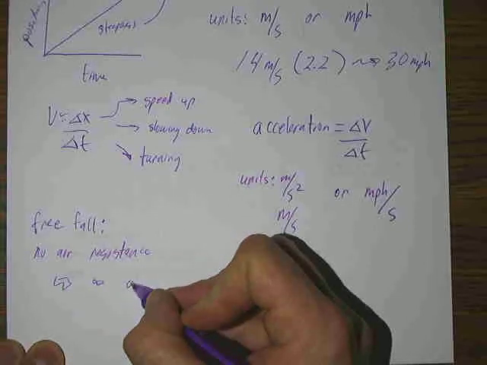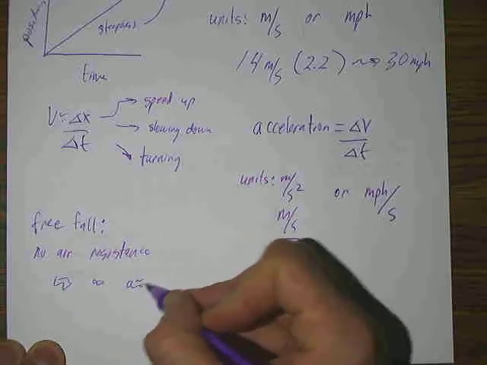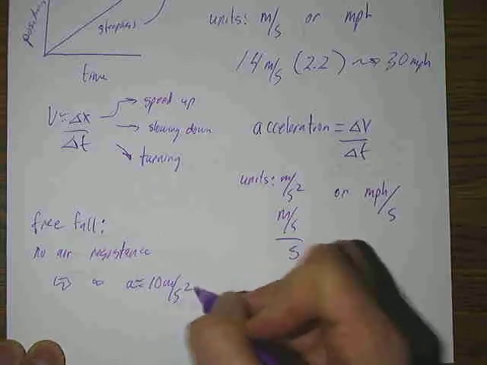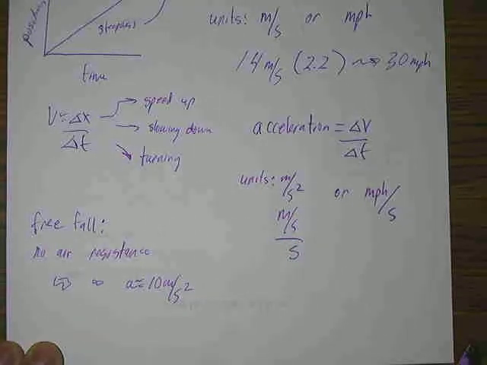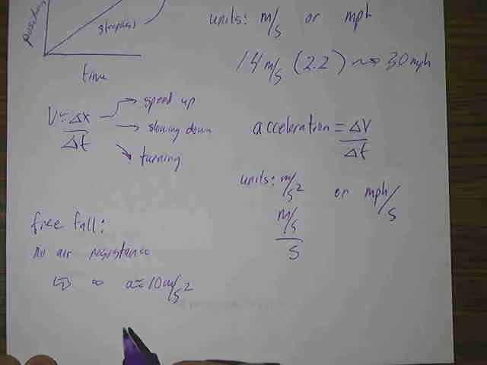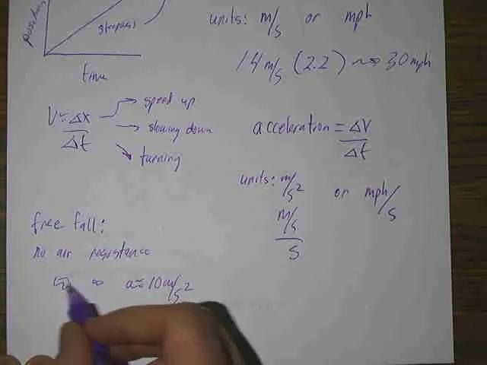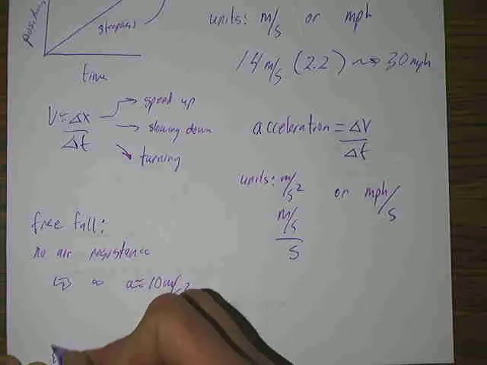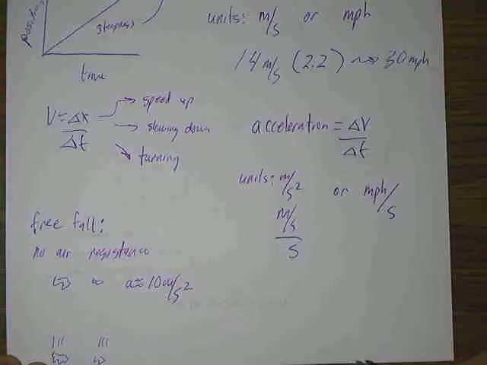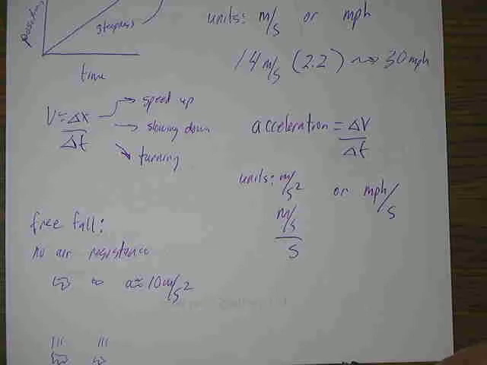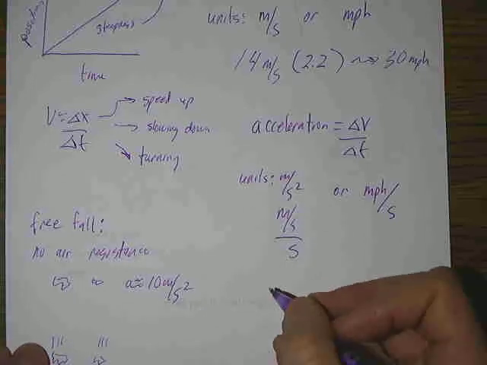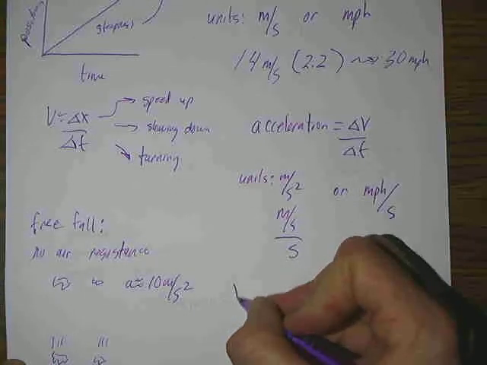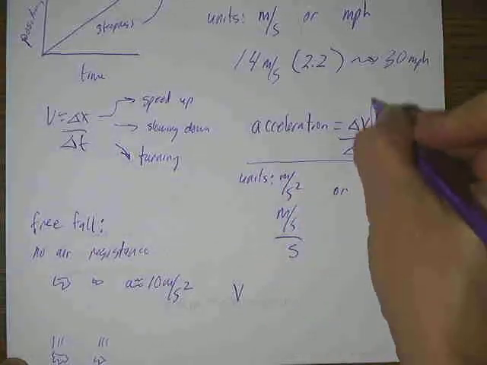So something heavy, something light, they will fall with the same acceleration, which was about 10 meters per second every second. And so if you drop 2 objects, a heavy and a light one, with no air resistance, they would get to the ground at exactly the same time because they accelerated the same.